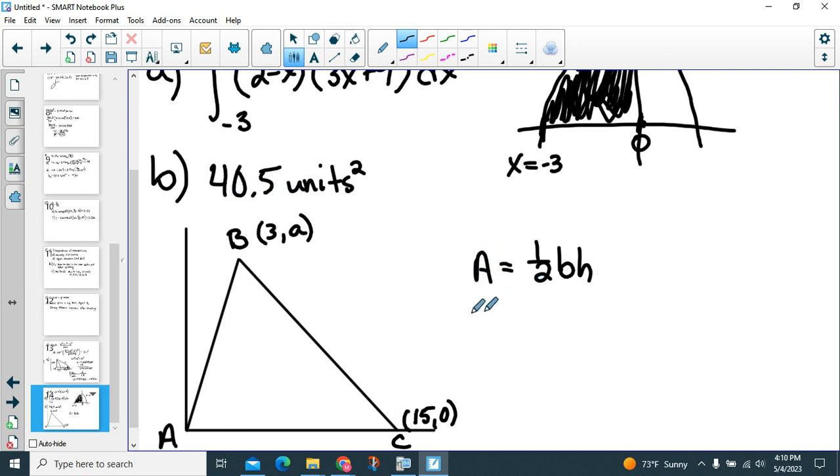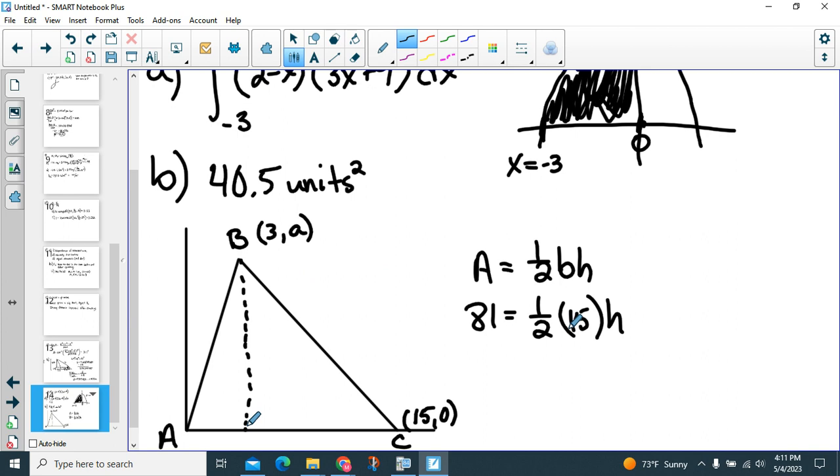So 40.5 times 2 is 81, and that equals 1/2 times the base. Well, from 0 to 15 is 15, times the height. The height of the triangle is actually what we're looking for, this a, the y-coordinate of point B here.